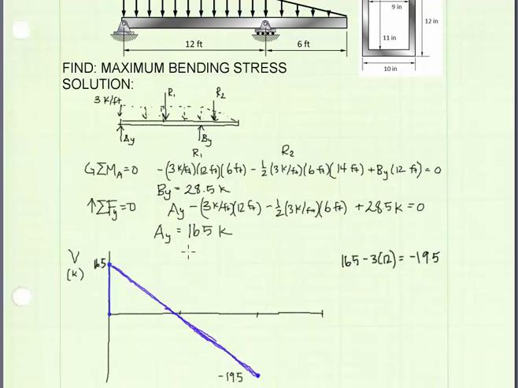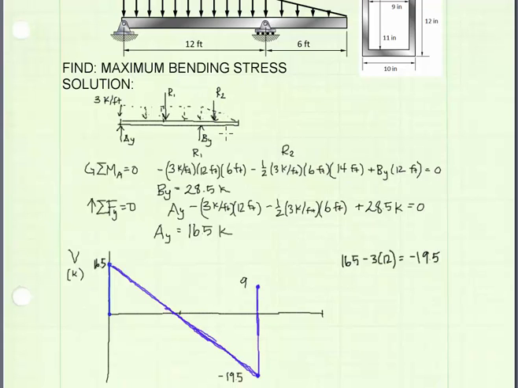Now when we get to point B, we see we have a jump of 28.5 kips. So we're going to get an abrupt jump right here at point B, or at 12 feet over from the left end. We're going to jump from negative 19.5 up to a value of 9. And for the last remaining 6 feet, let's look at the area under our distributed load.